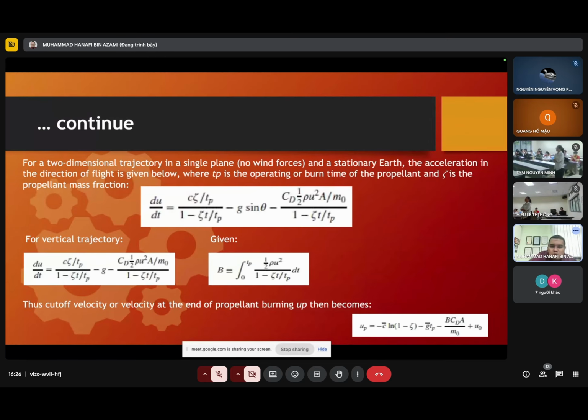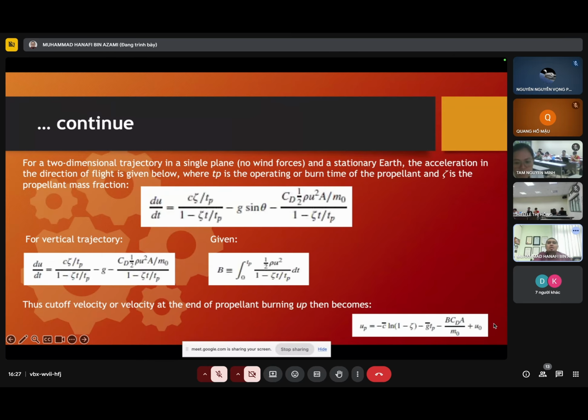All right, coming back, so it is c. How do we get up here? Integrate. You have du, so you integrate this with respect to t, so you have this equation: negative c ln(1 minus zeta g tp), etc., plus u naught.